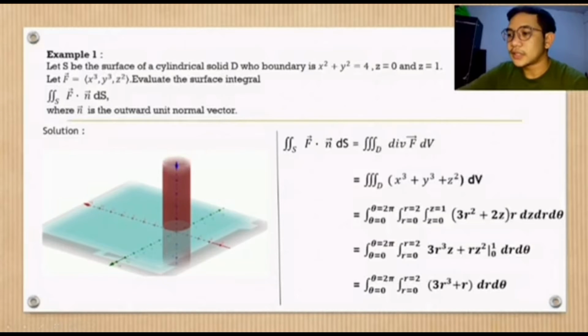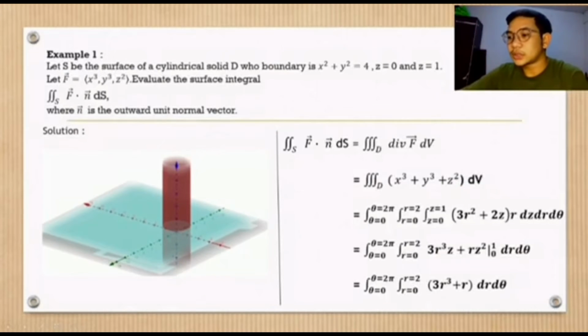So the divergence of the vector field f, we take the x derivative of x cubed, the y derivative of y cubed, and we take the z derivative of z squared, and we integrate that on the solid region D with respect to dV.